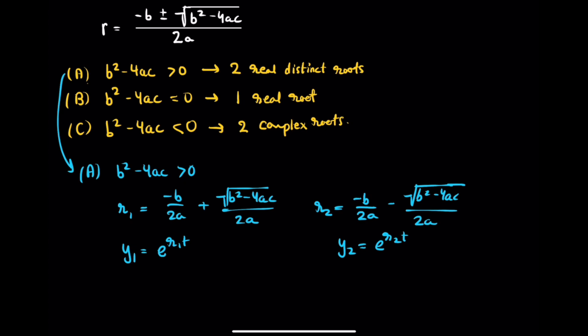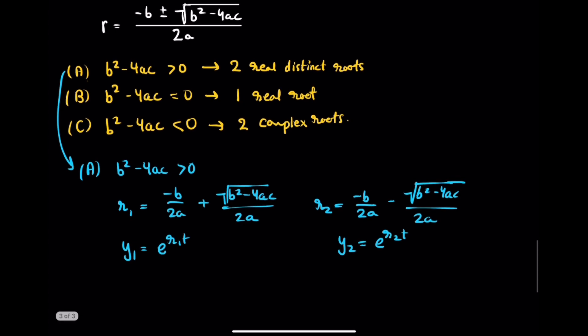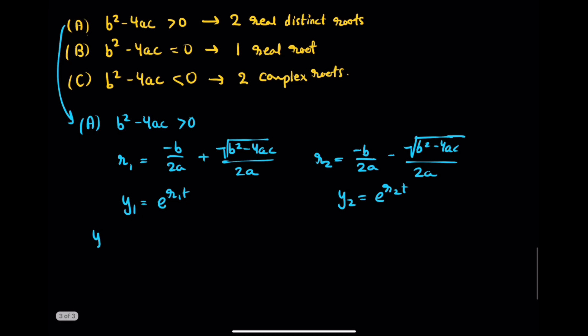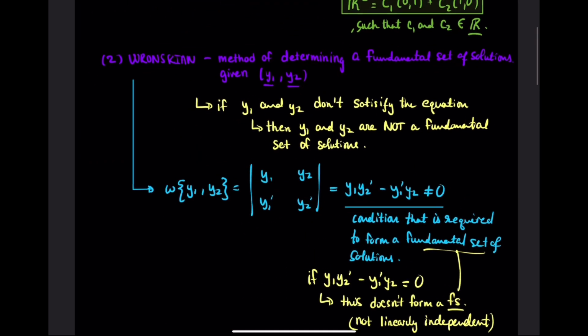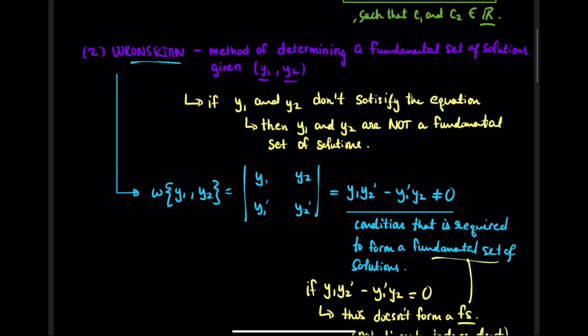With that in mind, these two solutions, y1 and y2, will form a fundamental set. And recall, we just talked about this: a fundamental set of solutions you can check with a Wronskian.